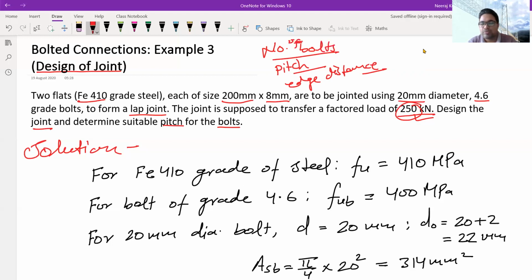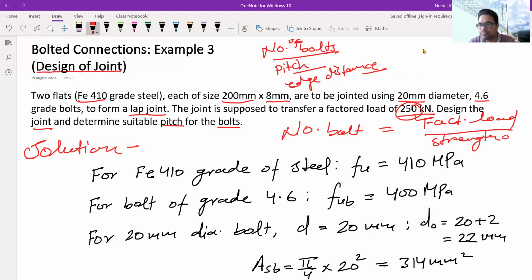To calculate the number of bolts, we need to find out the strength of one bolt. The number of bolts is simply the factored load divided by the strength of one bolt. So this is the formula to calculate the number of bolts.